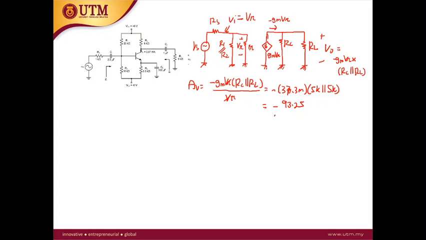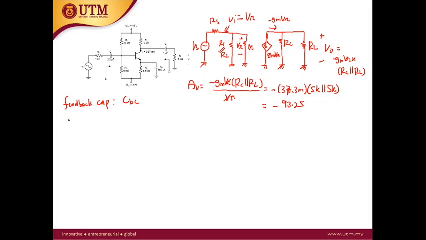Once you get the value of AV, you can transform the feedback capacitance. For the common emitter with the bypass, the feedback capacitance is the CBC.